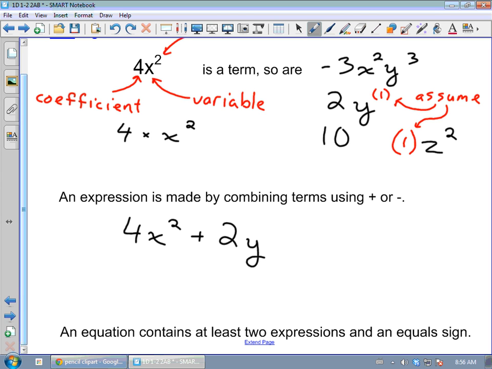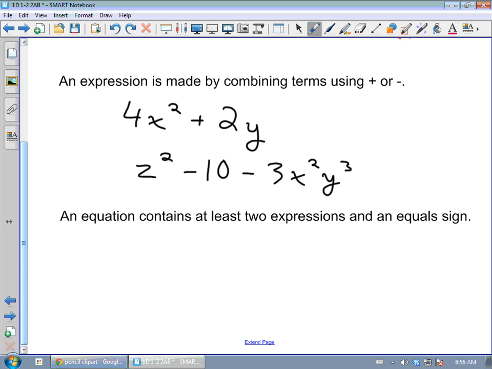Or if I take something like z squared minus 10 minus 3x squared y cubed, that's another expression. So once we combine them with addition or subtraction, they become expressions.